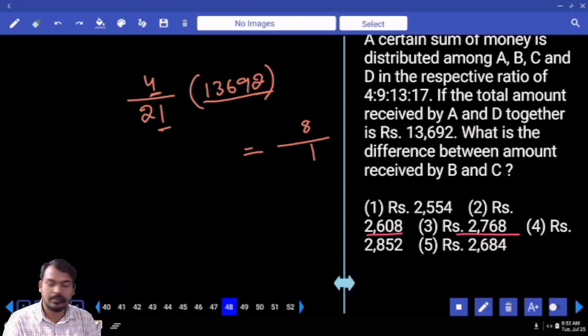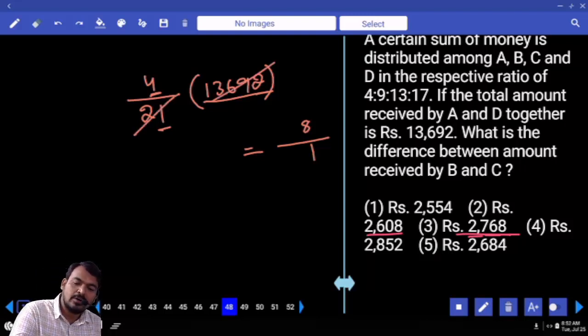Yes, 3 multiple. The second option is a 3 multiple. No. Third option? Yes. 2 plus 7 is 9, 9 plus 8 is 17, 17 plus 6 is 23. No, 23 means it is not a 7 multiple. So 2 options remain.